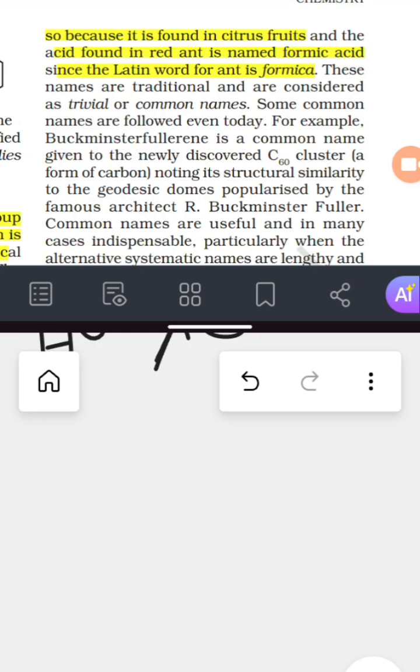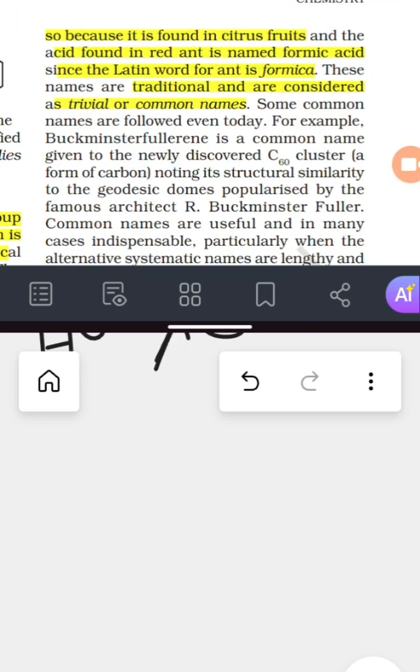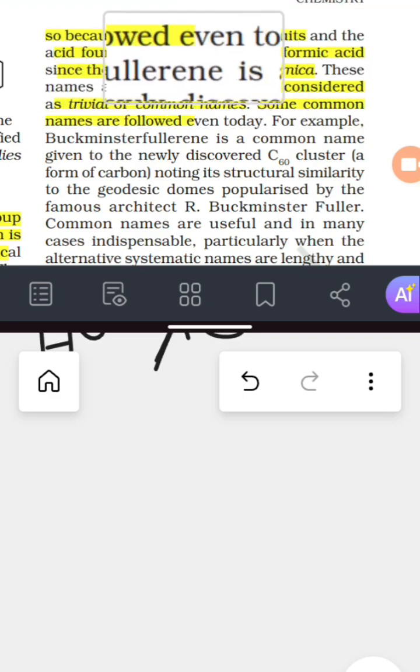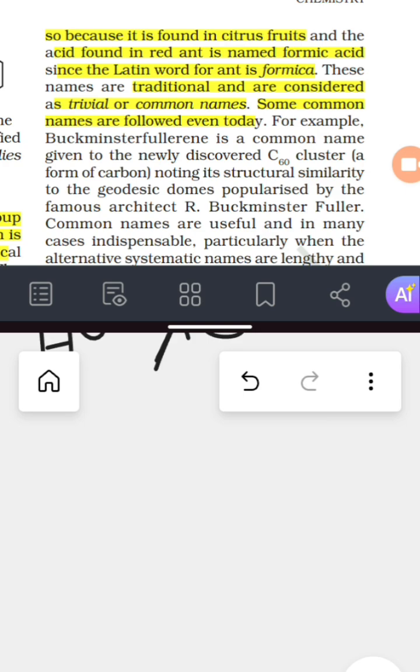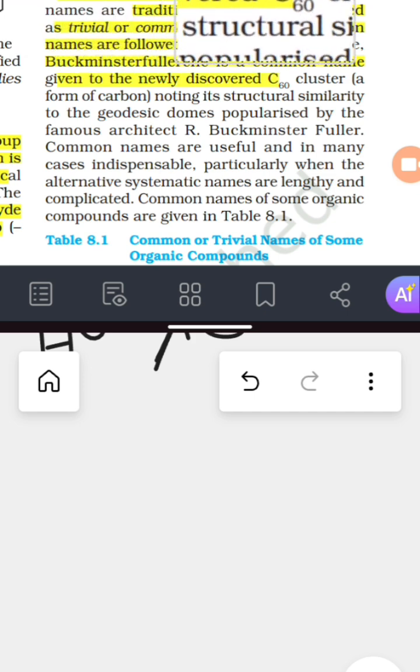These names are traditional and are considered trivial or common names. Some common names are followed even today, and chemicals are still called by some common names. For example, Buckminster fullerene is a common name given to the newly discovered C60 cluster.